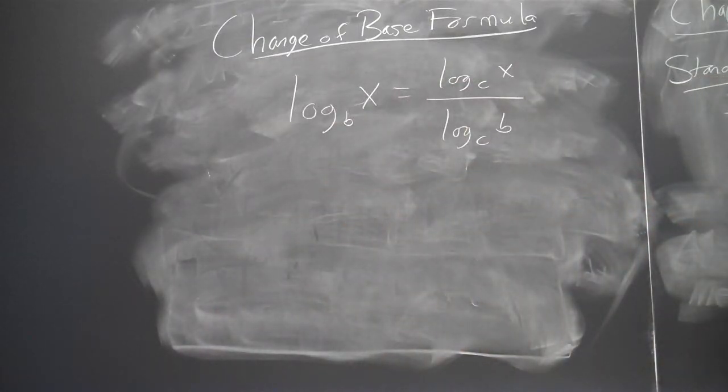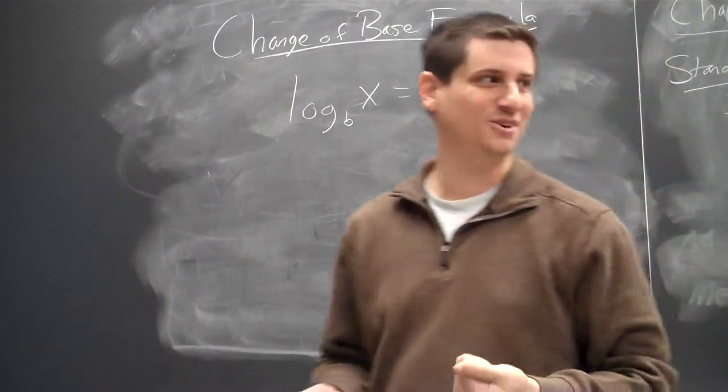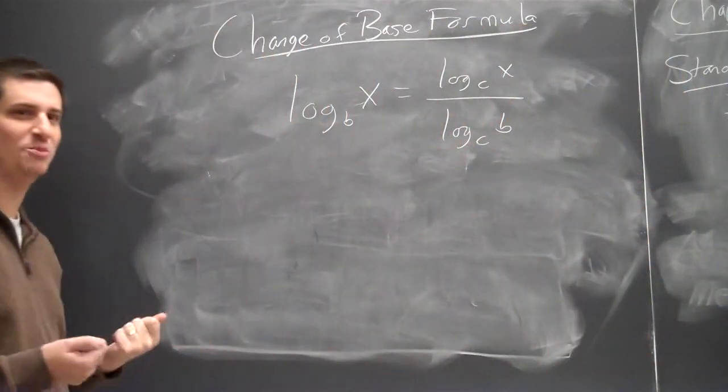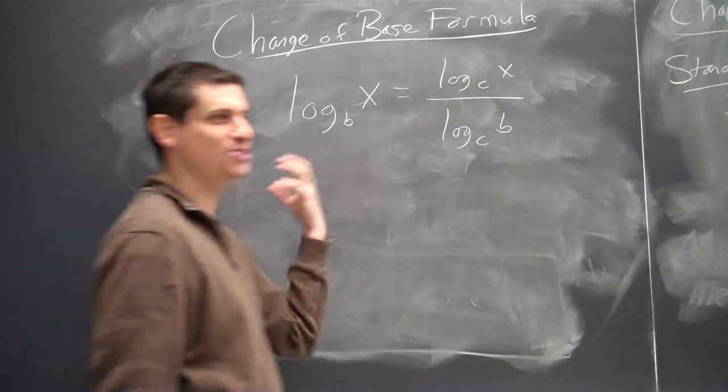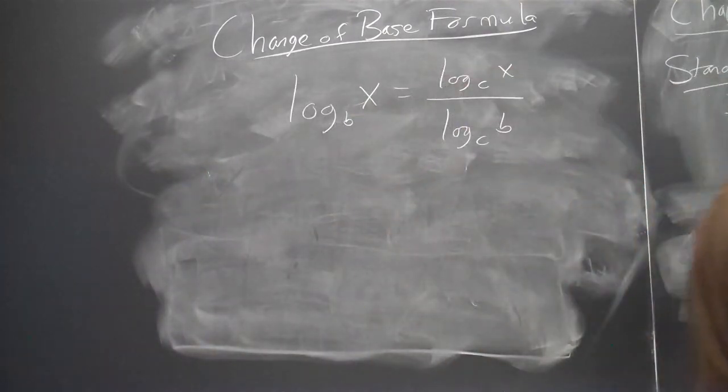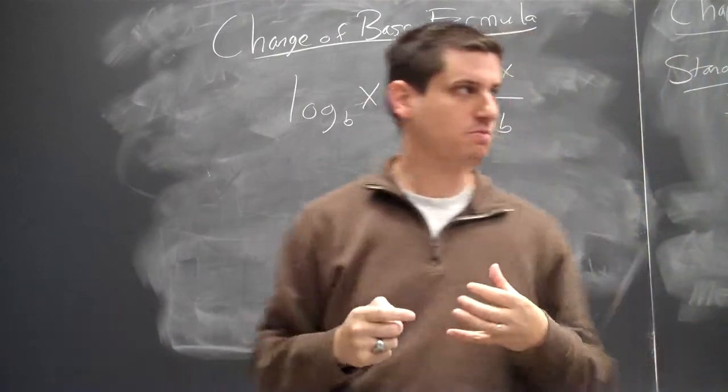Centuries ago, people's jobs included calculating logarithms. They also included calculating values of trigonometric functions, calculating digits of pi. Mathematics has become a lot more exciting in terms of what you get to study. But people used to make log tables. The power of this is you only need one log table. If you know the change of base formula, you can convert any logarithm to the base you know.